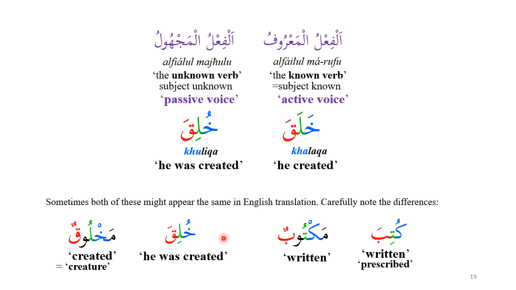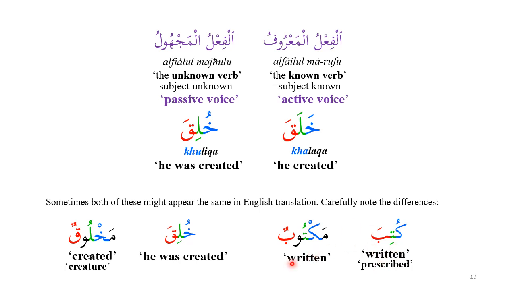Now, sometimes in the Arabic language you'll find that makhluk and khuliqa are kind of confusing, especially some words like kutiba and maktub. Maktub means written, kutiba also means written. It's a problem with the English language.